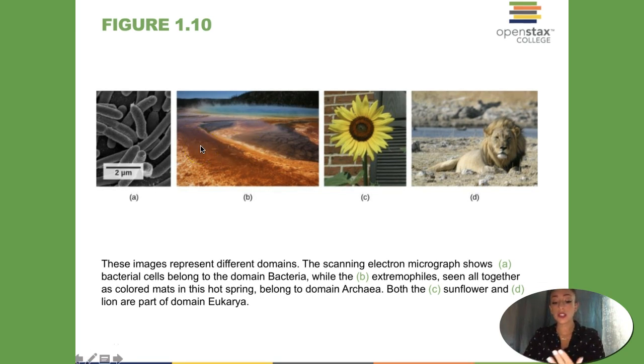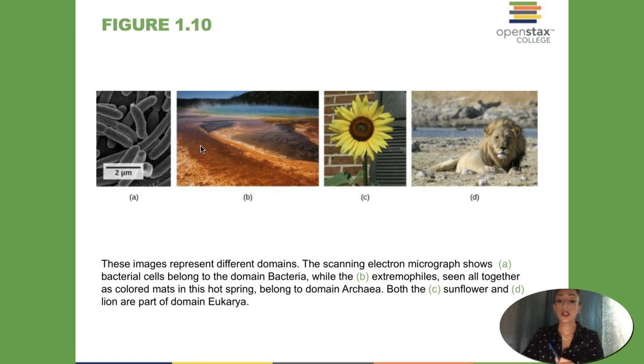Domain Archaea and domain Bacteria are similar in that they do not have a membrane-enclosed nucleus with DNA inside of it. Domain Eukaryote does have an enclosed nucleus with DNA inside of it. That's the only difference.